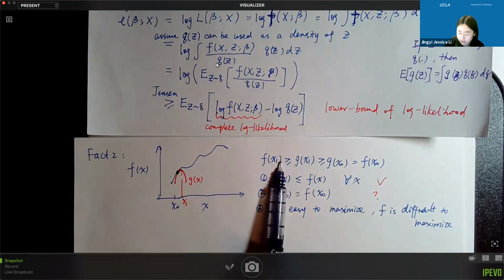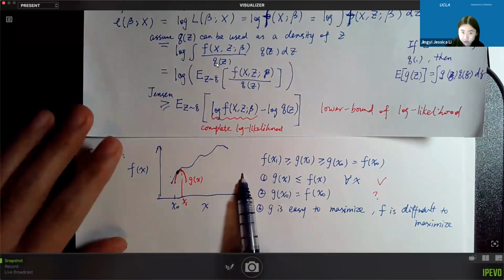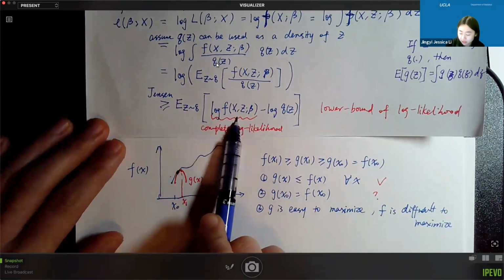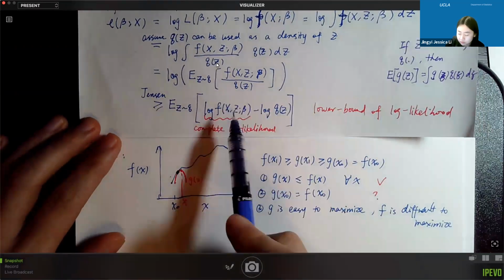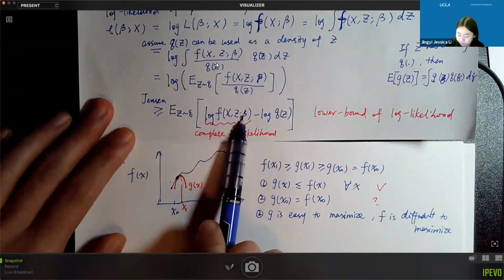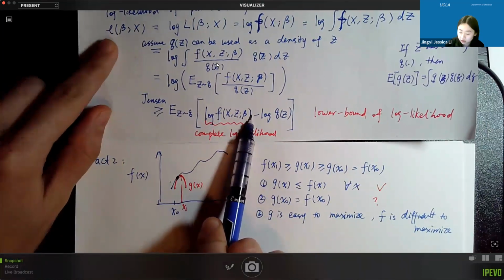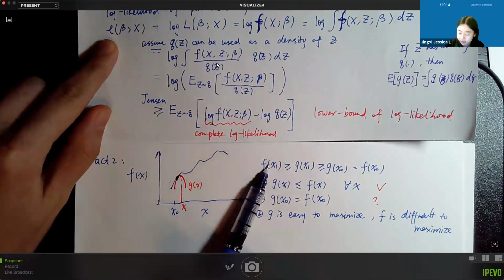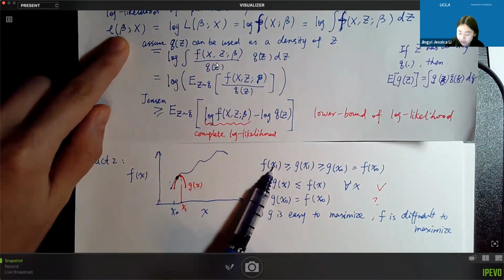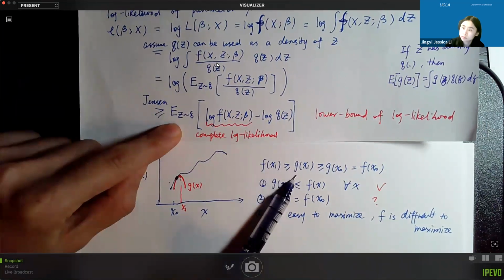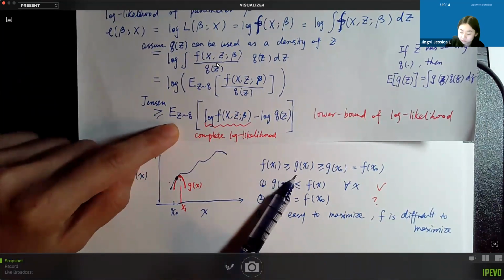So given this part and this part, we are going to use this fact so that we can optimize this lower bound to increase the value of the log likelihood. So the log likelihood is our f, beta is our x, and this lower bound is our g. That's what we're going to do.